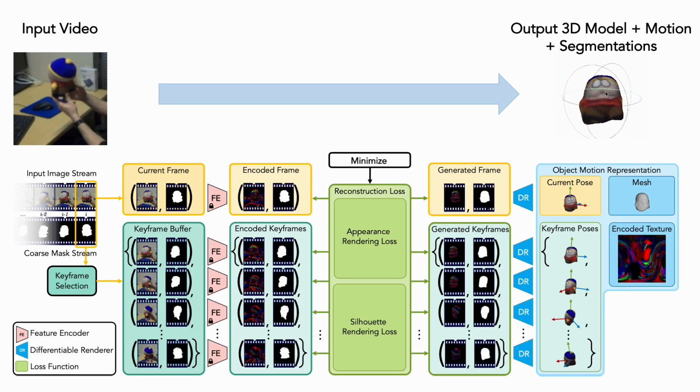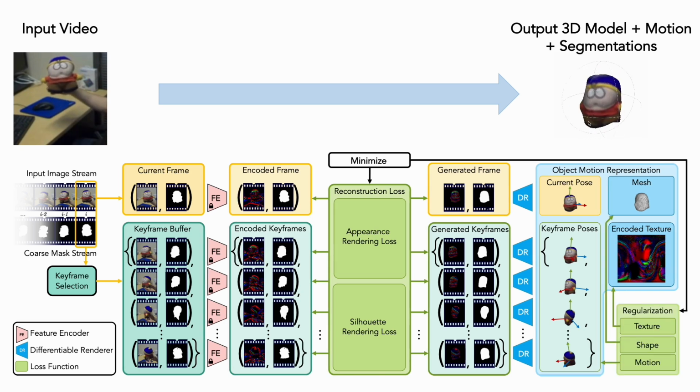For every input frame, all saved keyframes are jointly optimized to compute the best object and motion representation that best explains all frames. For better and more robust results, we further regularize the shape, texture, and motion of the object. This way, we are able to reconstruct all object and motion parameters of an unknown object that is tracked for the given image sequence.